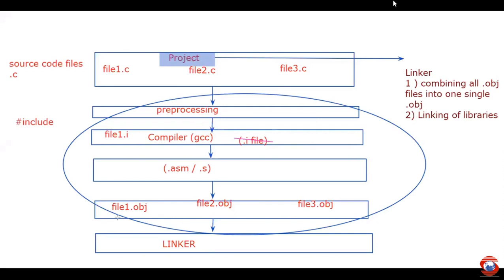That means this object file is given to linker, this object file is given to linker, this object file is given to the linker. It's the job of linker to link these object files and generate only one single obj file. And once I have a single obj file, obviously from that I can easily generate one exe. So here after this my single .exe file is created.